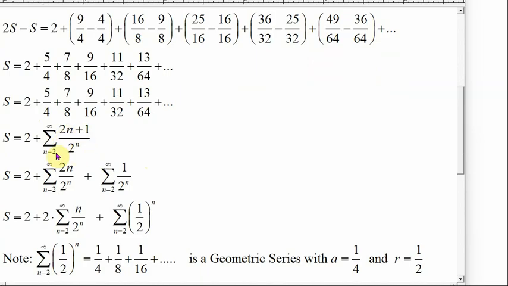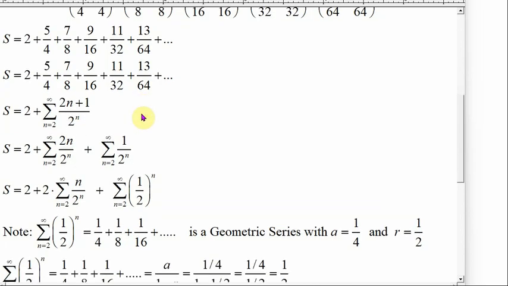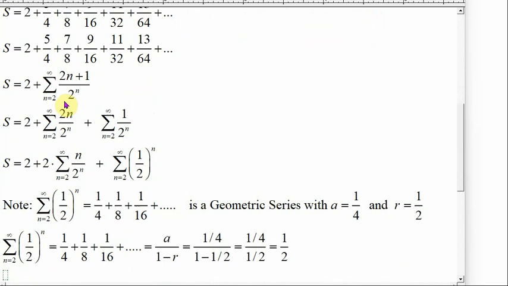Again, right here, when n is 2, we get 5 and we get 4. When n is 3, we get 7 and we get 8, and so on. And then for this summation, we can rewrite this as the summation of 2n over 2 to the n, plus 1 over 2 to the n.